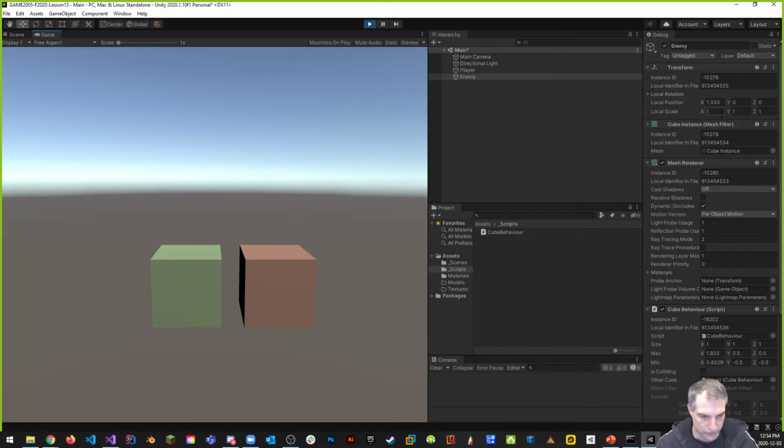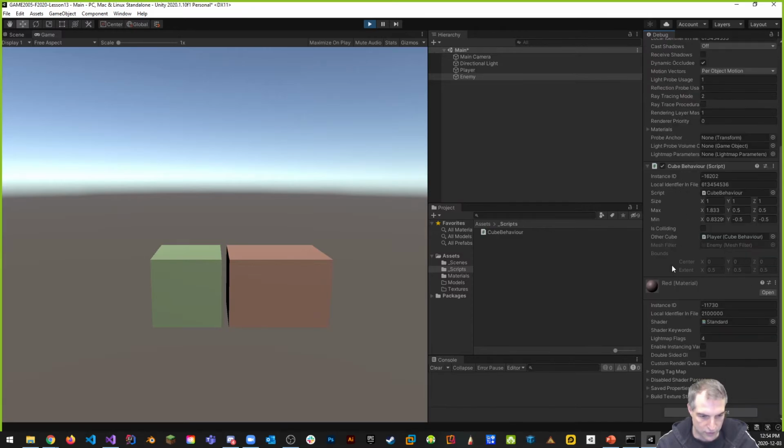If I change my local scale in the transform to something bigger, this doesn't change. My bounds stays as is. This is the mesh bounds. So really, the max, which is 0.5, 0.5, 0.5, is the extents. That's really the size of my object.